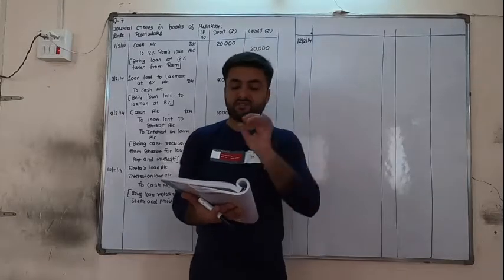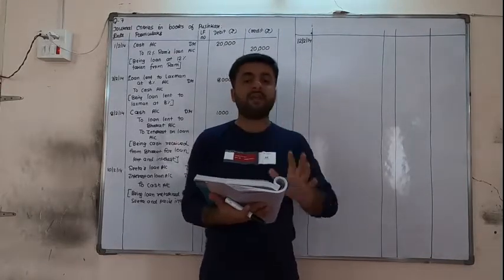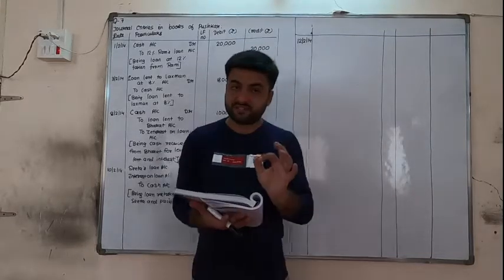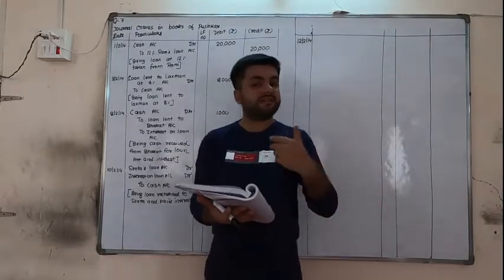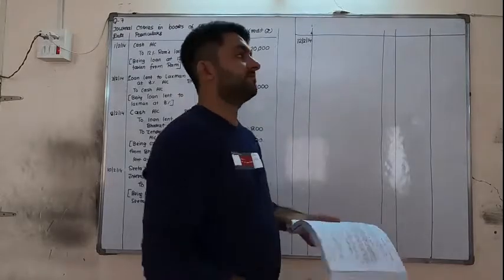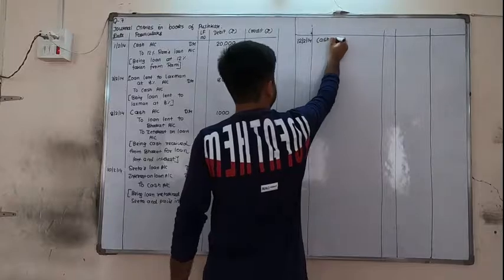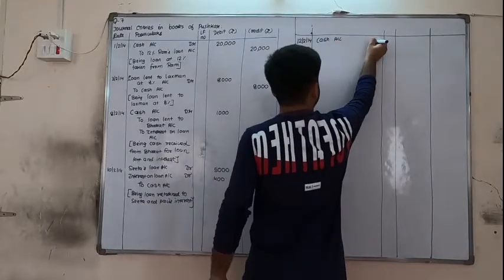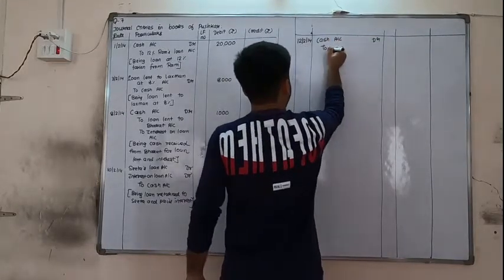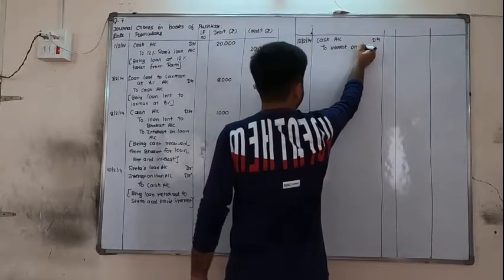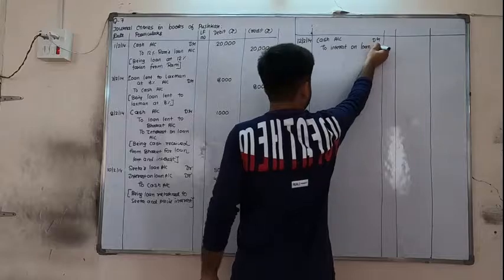Received interest of 200 for loan lent to Kushal. We are just receiving the interest. Interest is income, interest is credited. Receiving cash for that interest, so cash account debit to interest on loan account.